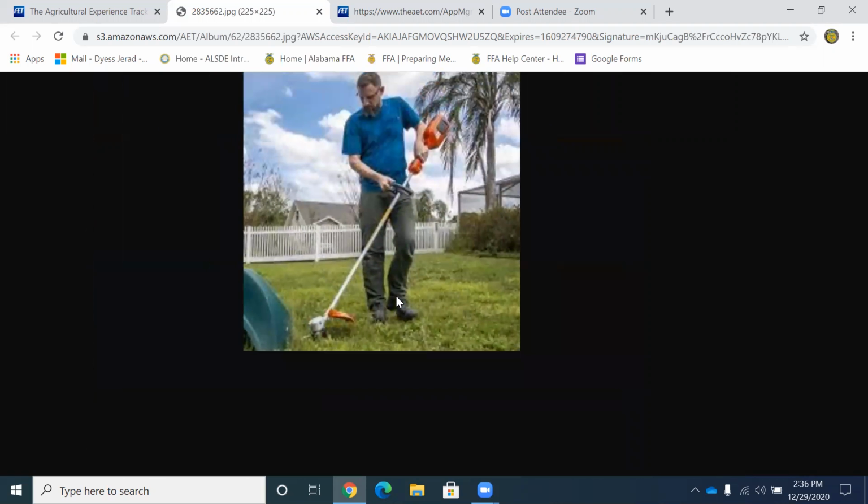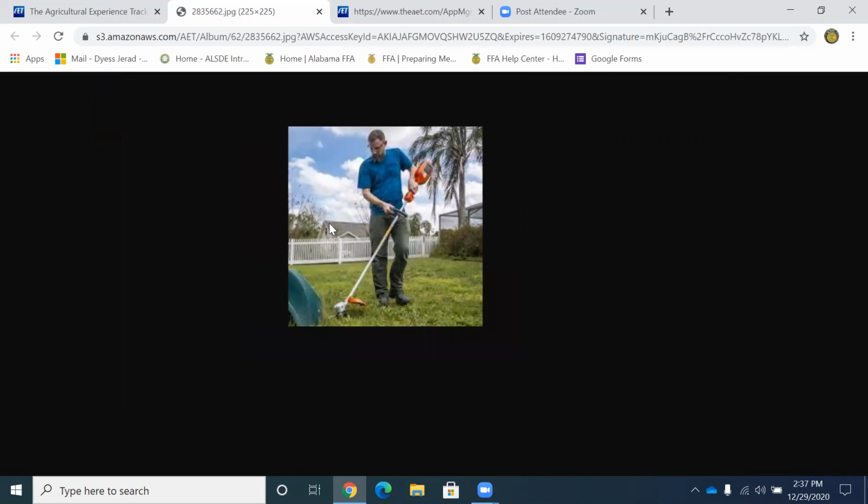It appears to be one that's actually working. So that's actually a pretty decent picture. It has his safety equipment on, and that's something they're going to look at when you're sitting at that table and they're looking through those pictures. That's the first thing they're going to say, hey, he hasn't got his safety equipment on. So make sure that you've got that and choose the best picture that tells your story of what your SAE is. That's a key to it.